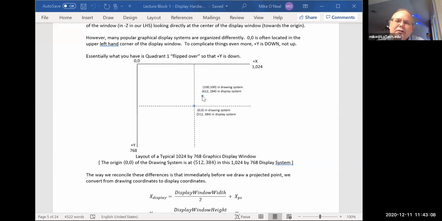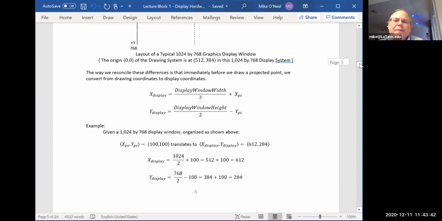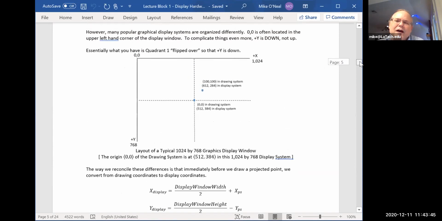But for the Y, remember, even though I've got a positive Y here, I'm going up 100, that's actually going to be going down in the hardware system, in the display system. So I'm going to end up subtracting 100 from 384 to give me 284. So 100, 100 in the drawing system is actually 612, 284 in the display system. Well, clearly we need some equations that will take care of that. If you sit down and you think about it, it's not that hard.